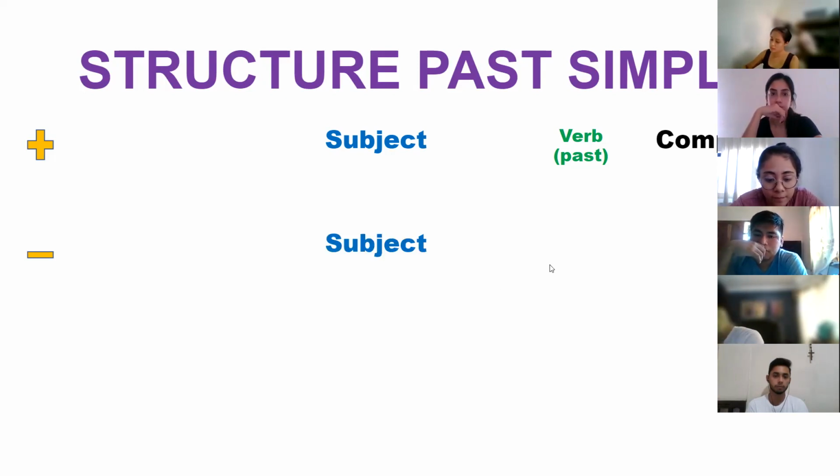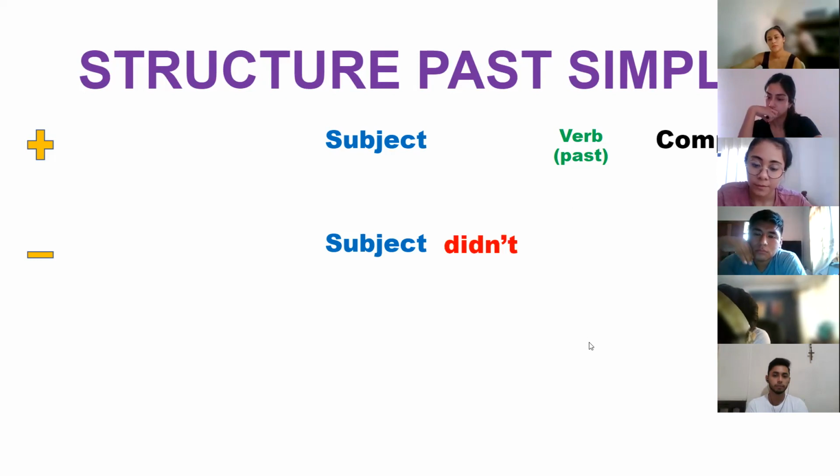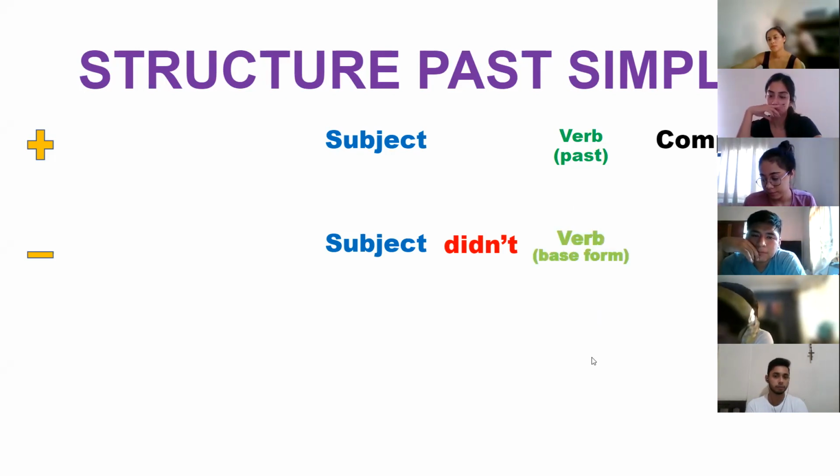After the subject, the auxiliary verb didn't. After the auxiliary verb didn't, we need the verb in the base form, right? The verb in the base form, not in the past, but in the base form. And then the complement, right?